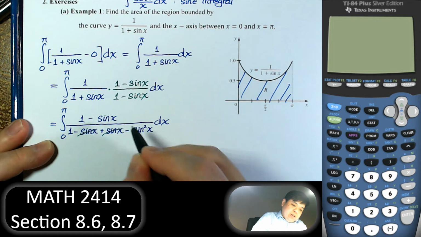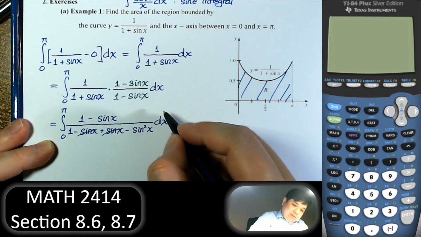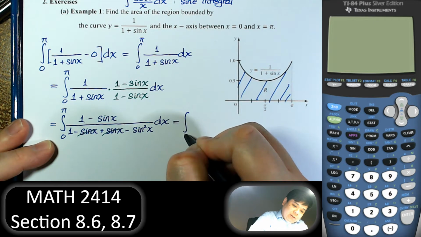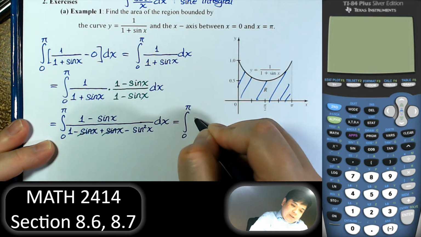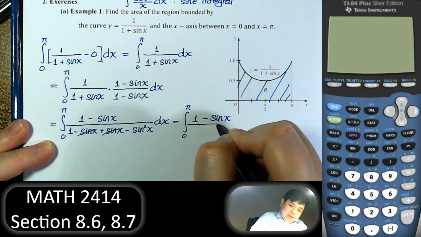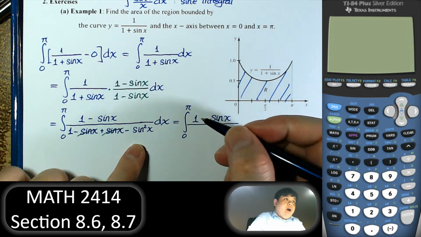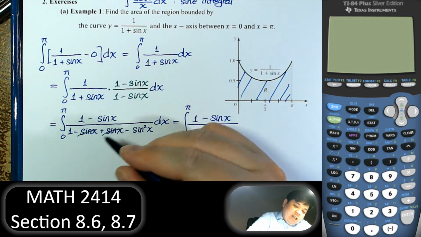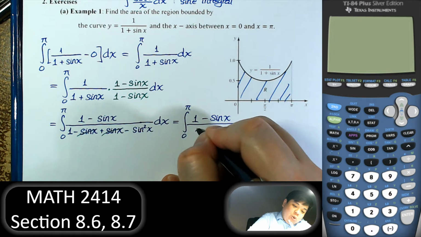Those cancel out. And then we have 1 minus sin square. 1 minus sin square is cosine square.